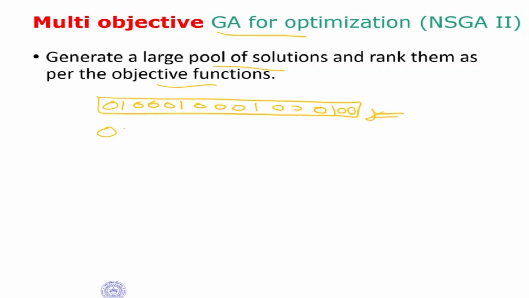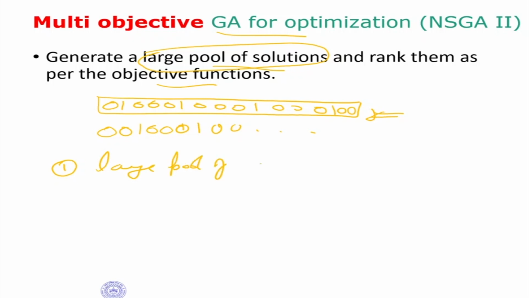What it basically does is change the position of the ones and zeros. So this is 0, this becomes 1 0 0 like that. It can do it randomly or by using crossover and mutation in a particular way, but it generates a very large pool of solutions. Then it checks. Number 1 is a very large pool of solutions is generated.